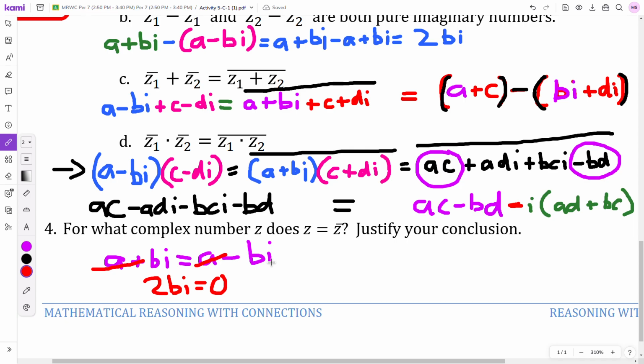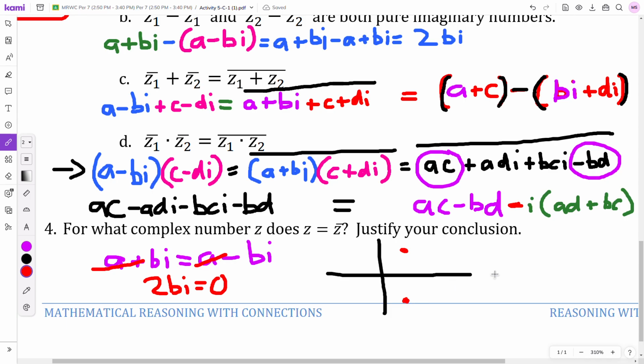So in other words, the imaginary part has to be 0. So think of it another way. If you have some A plus BI, that's like this number here, the conjugate is just going to be the mirror image.